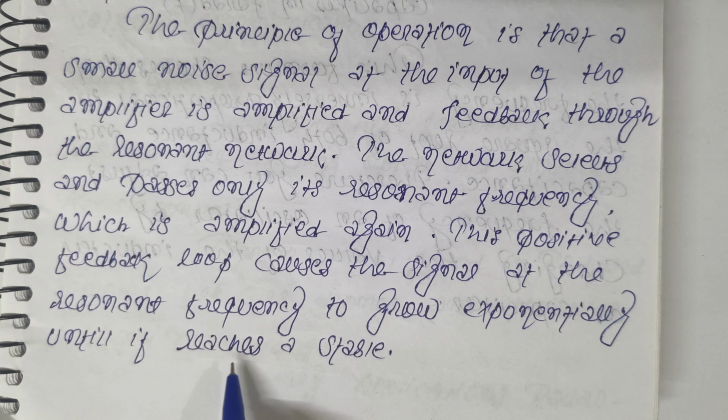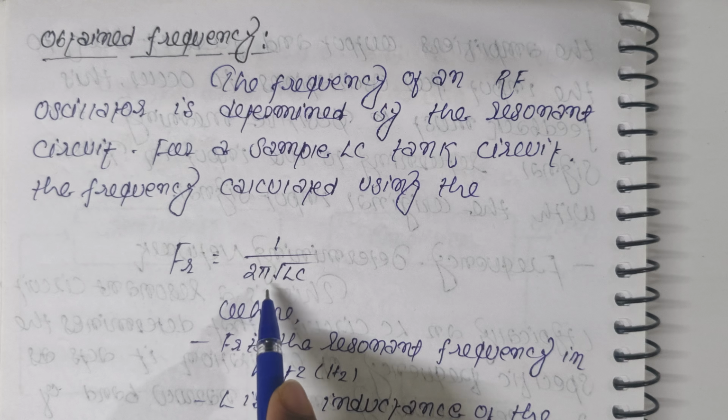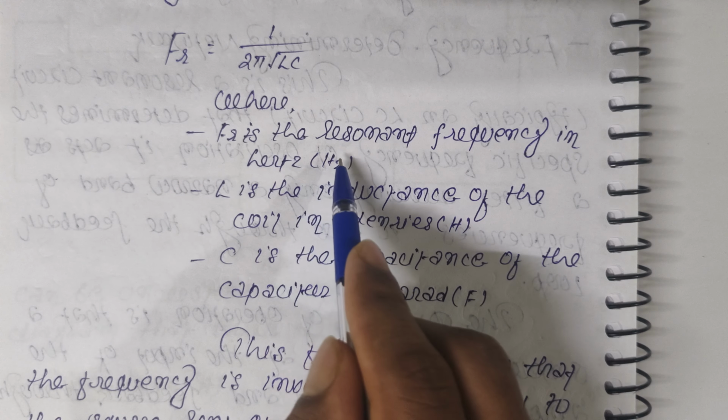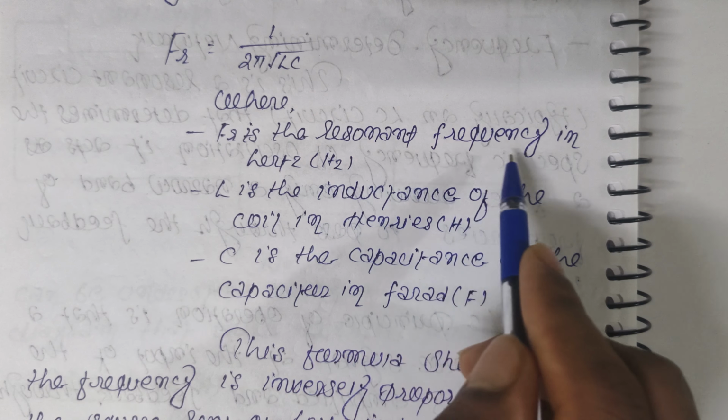And then, friends, this is the frequency. The frequency of an RF oscillator is determined by the resonant circuit. For a simple LC tank circuit, the frequency is calculated using fr is equal to 1 by 2 pi under root LC, where fr is the resonant frequency in hertz, Hz, L is the inductance of the coil in Henry, H, C is the capacitance of the capacitor in farad, F. This formula shows that the frequency is inversely proportional to the square root of both inductance and capacitance.